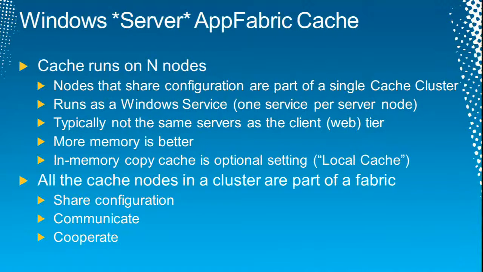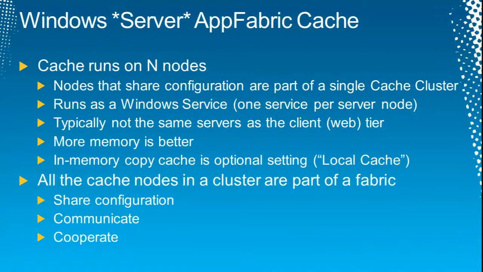So all of the nodes in the cache cluster cooperate together, communicate. So as I said, if one node in the cluster goes down, all the other nodes in the cluster know this and can take over for the node that went down. Now, what happens to the data that's in that node? Well, by default, the data that's in that node goes poof.